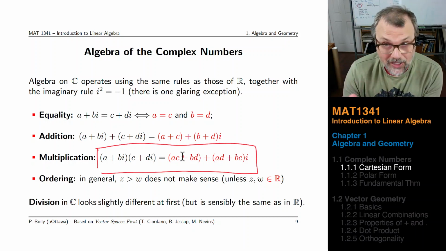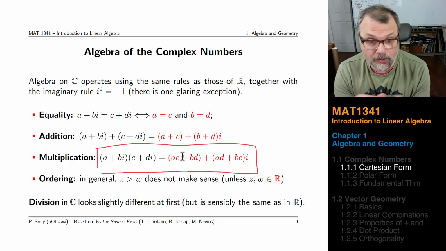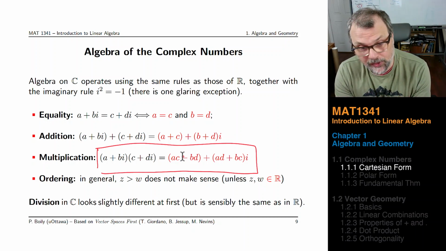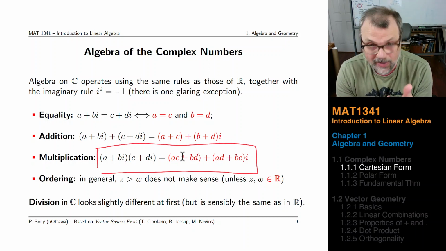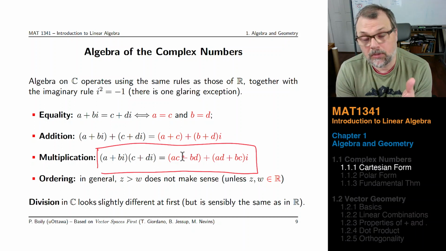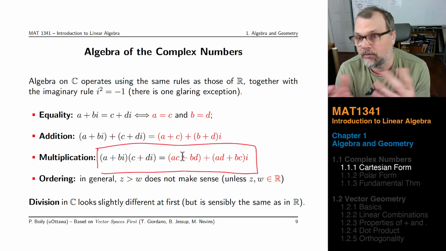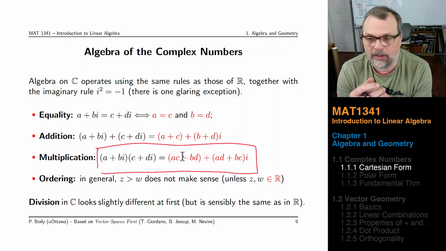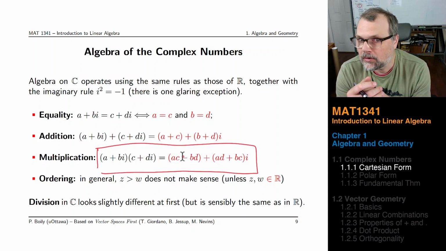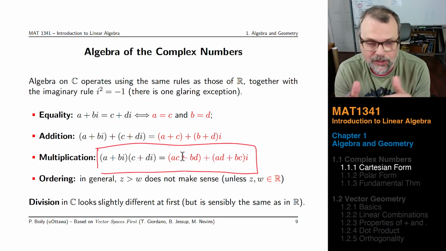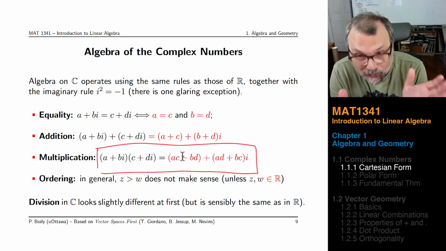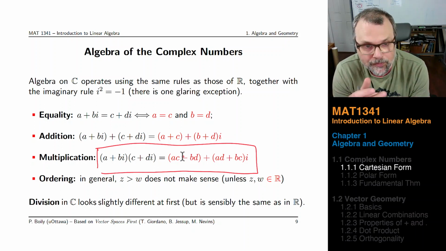And for the imaginary part, you take the real part of the first, multiply by the imaginary part of the second, plus the imaginary part of the first, multiplied by the real part of the second, and that gives you an imaginary part. It's like, well, okay, that's not obvious. We'll find a better way to describe products of complex numbers shortly. Like I said, rotations. But for now, there is a formula. This is something you have to remember.